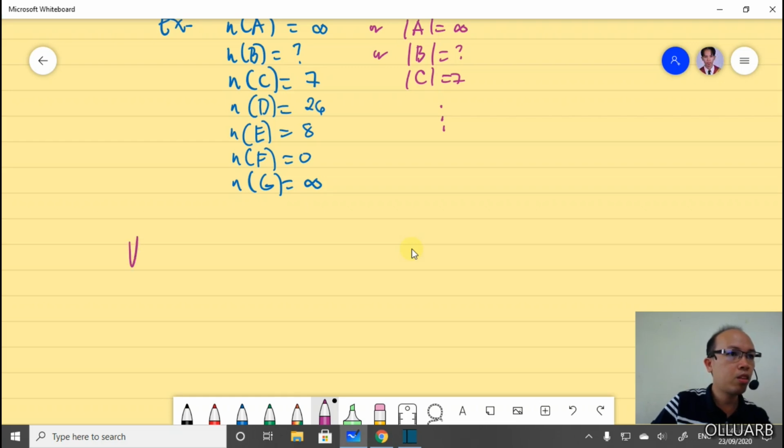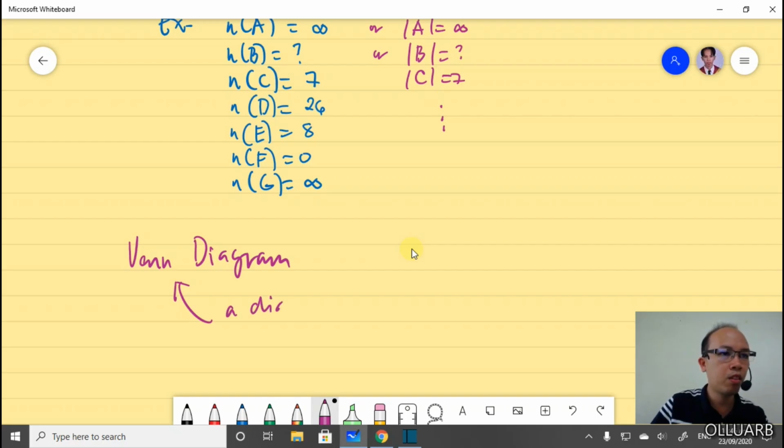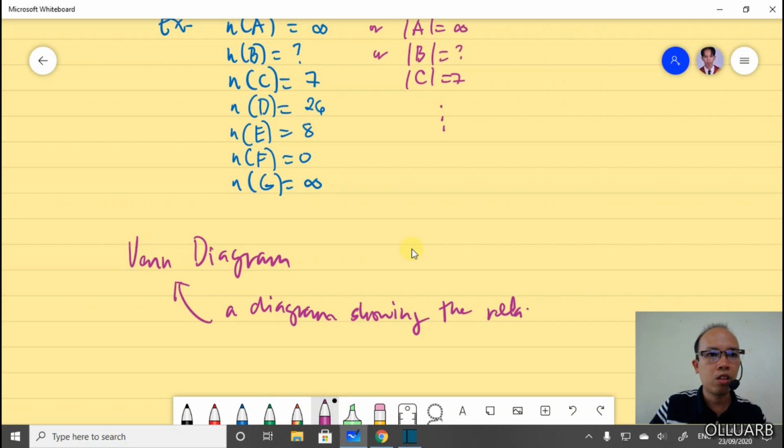Okay, so a Venn diagram is a diagram showing the relationship among sets and between elements and sets.